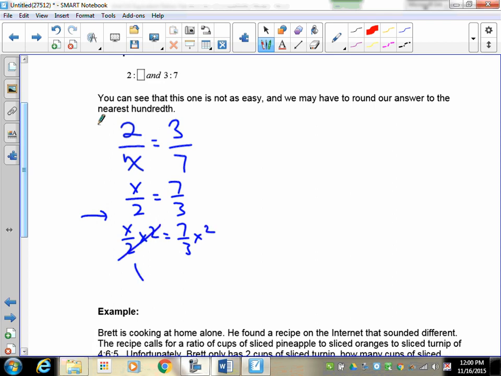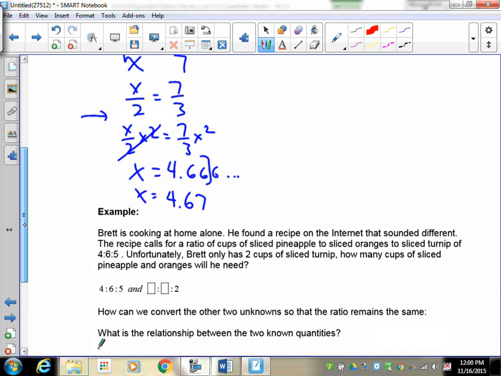These cancel, leaving you with x. And 7 divided by 3 times 2 gives us 4.6666 repeating. So our answer is actually 4. It says round to the nearest hundredth, 4.67, because there's your cutoff. So this is where your proportional method comes in handy. If you memorized how to do it, it goes easier.